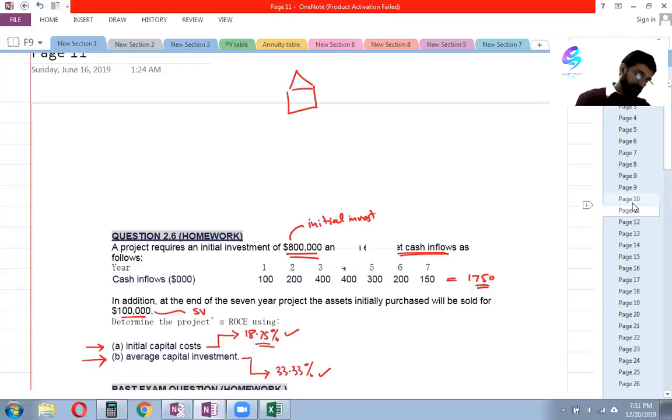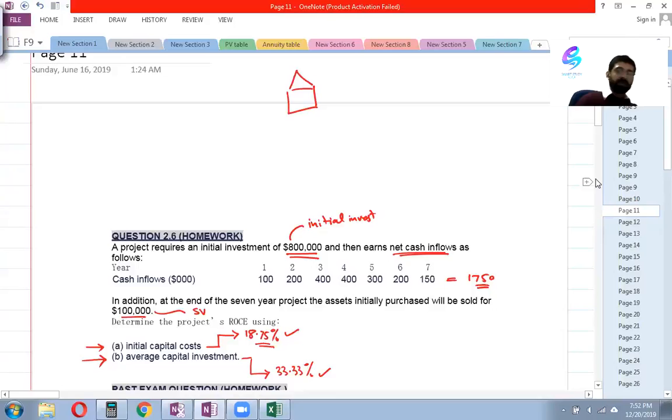So let's say if the company has a policy that the company will invest in all the projects with ARR greater than 15%, so yes, we are going to invest in this project, or on the average basis, for example, any ARR more than 33.33%, right? So for ARR, of course, it is dependent on the company's policy, that what decision you are going to take, right?